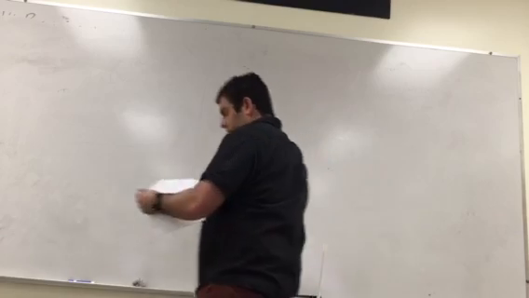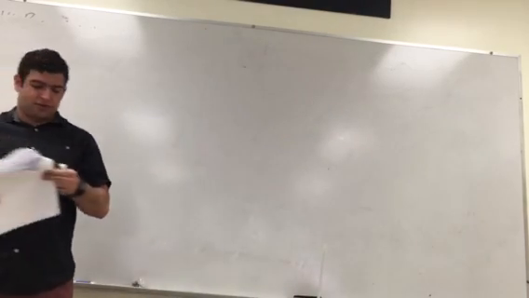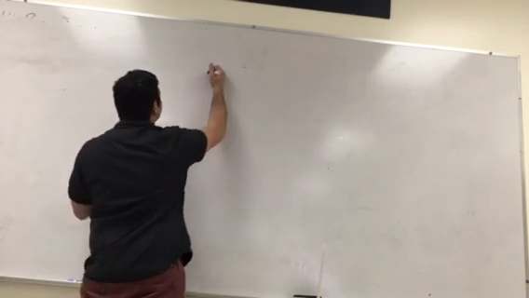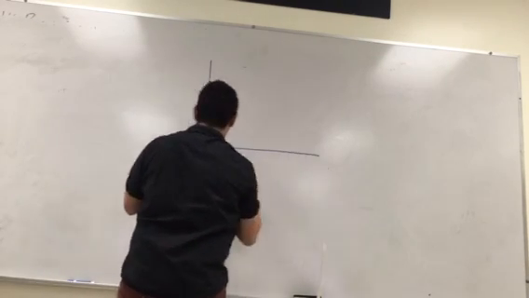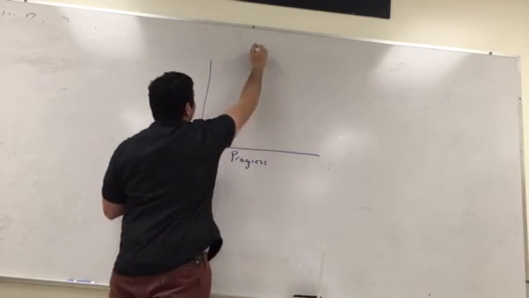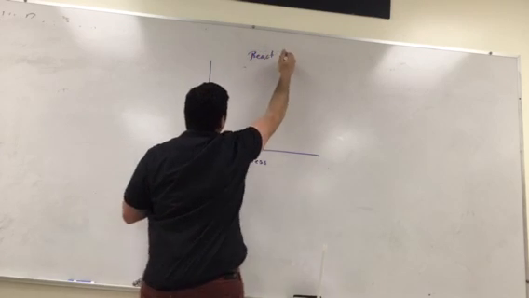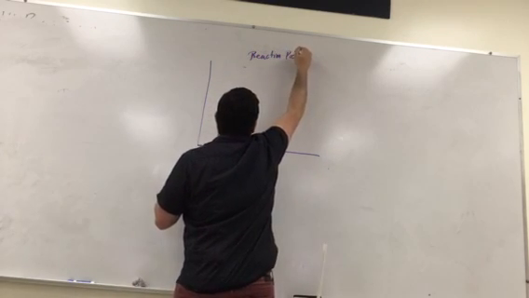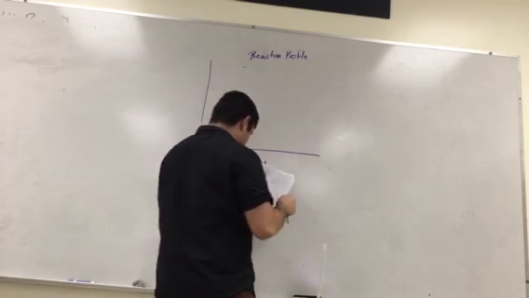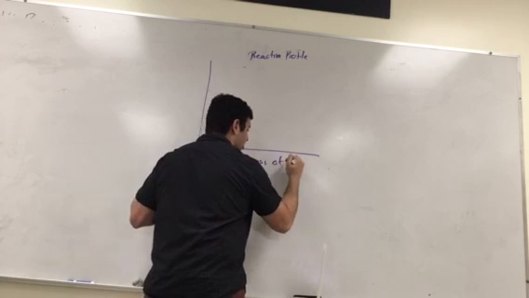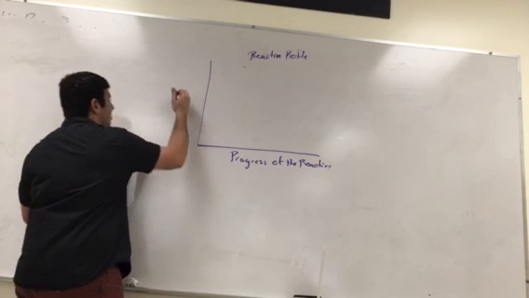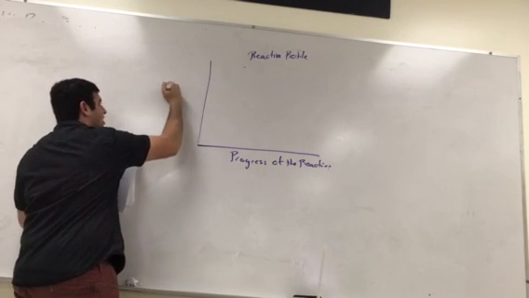Okay. So now let's dive into some graphs. So let's say we have this. This is called a reaction profile. This is the progress of the reaction, and then this you can just say energy.